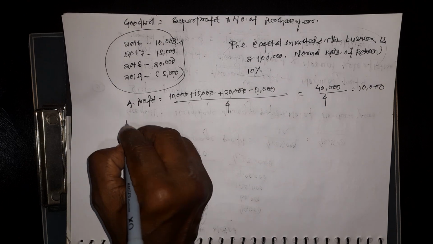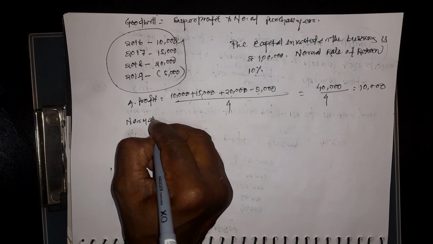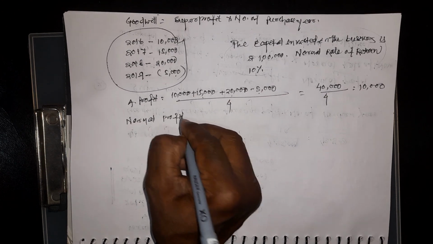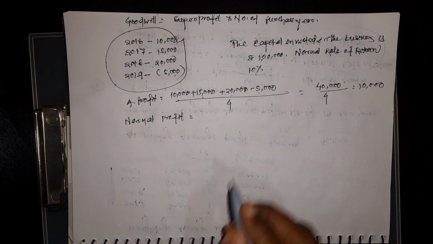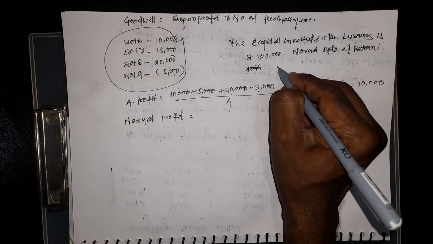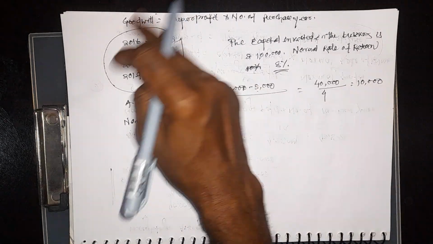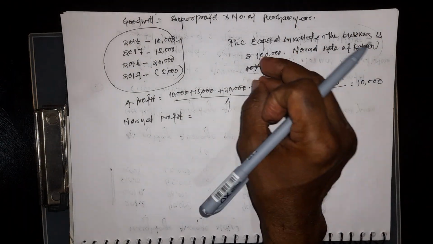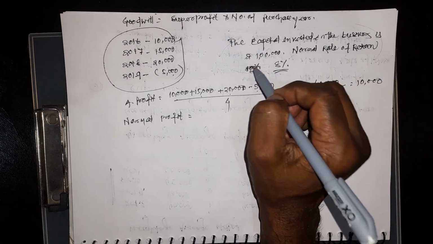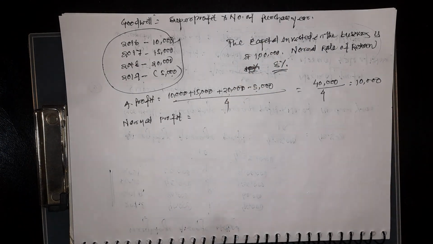Now I will calculate the normal profit. Let me explain: I wrote the normal rate of return as 10%, but let me take it as 8%, because I am giving one example. Whenever you solve questions, you will get the correct information. Simply an oral question I am explaining, so I change it from 10% to 8%.